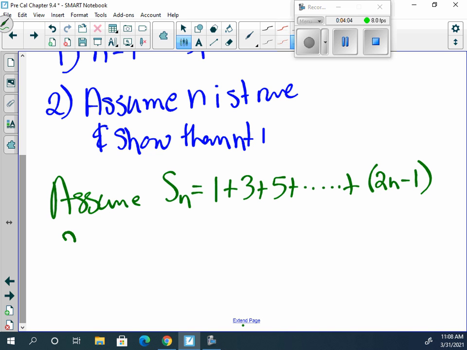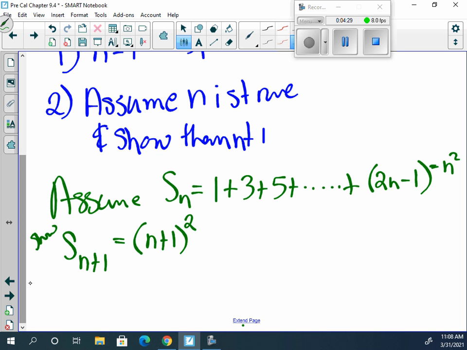Now, let S of n plus 1. So we have this here. We want to show that all of this here, which is equal to n squared, is true. What we want to show is that S of n plus 1 is equal to n plus 1 squared.